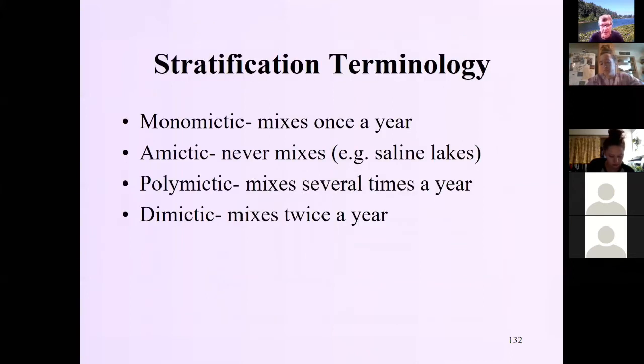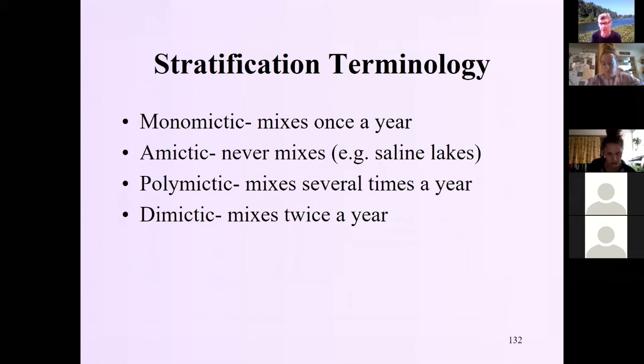So monomictic means it mixes once a year. Amictic lakes never mix. Saline lakes are an example of that. If you have a saline hypolimnion, remember the density of water related to salinity is much greater than the density differences from temperature. So for example, ocean water, which is maybe less saline than some saline lakes, really is difficult to break stratification.